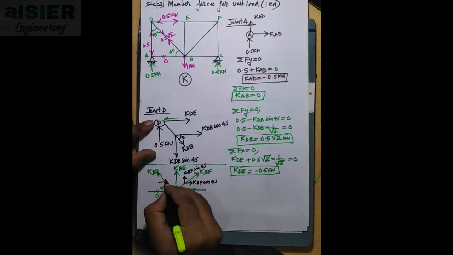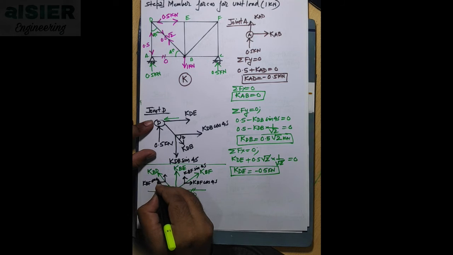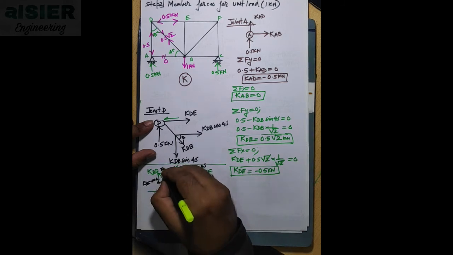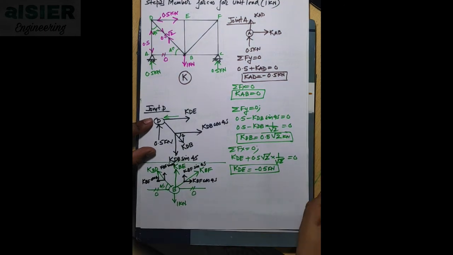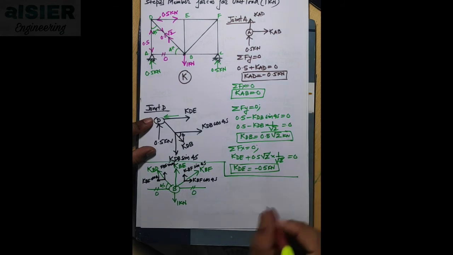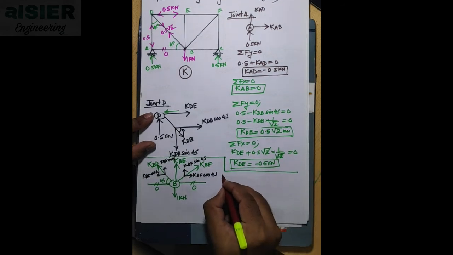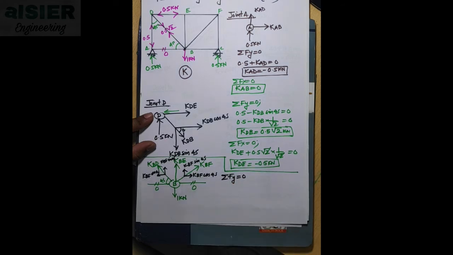Similarly, KBF cos 45 and KBF sin 45, right? Now once this is over, we will do summation of Fy first. So summation of Fy is equals to 0.